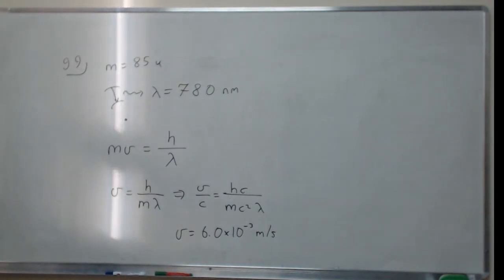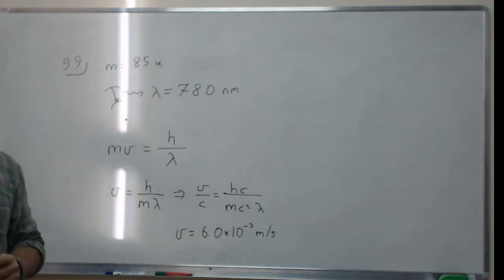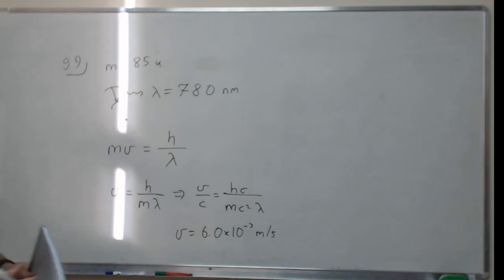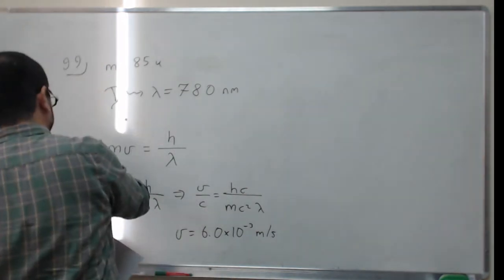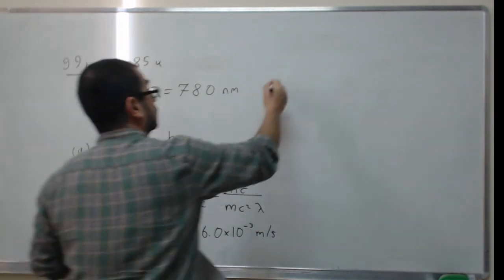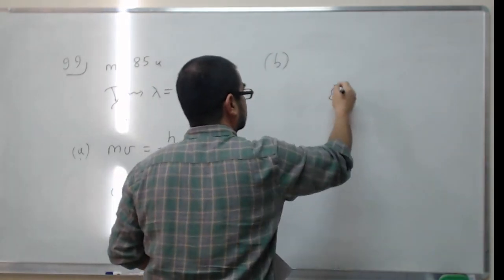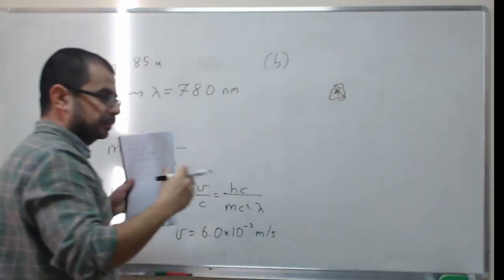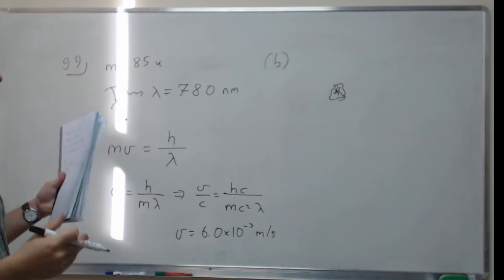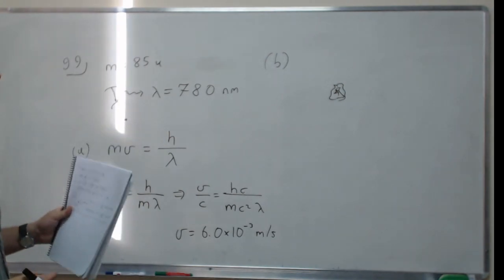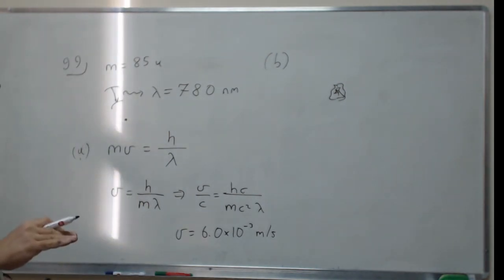Now, this recoil speed sets the lower limit on the temperature to which an ideal gas of rubidium atoms can be cooled in a laser-based atom trap. So the idea here, this was part A. The idea here is that you have these atoms, you want to keep them there because you want to make some experiments on them, and you want them to interact in a certain way, and you also want to keep their temperature very low.